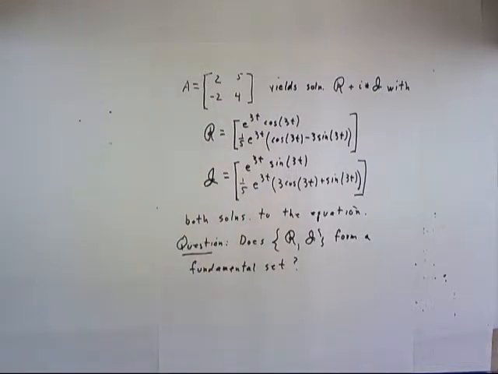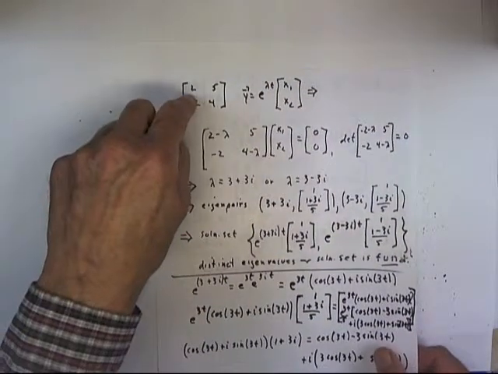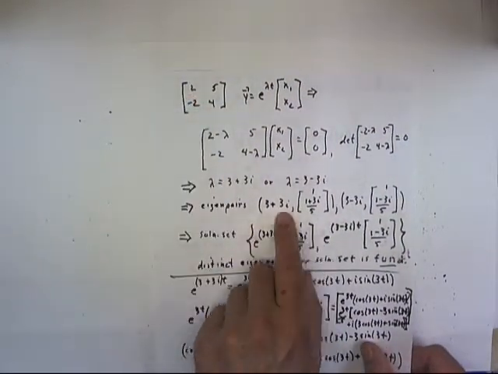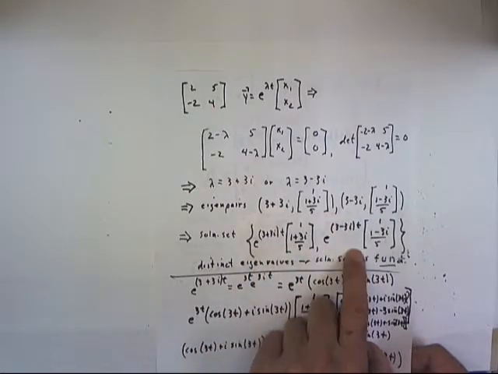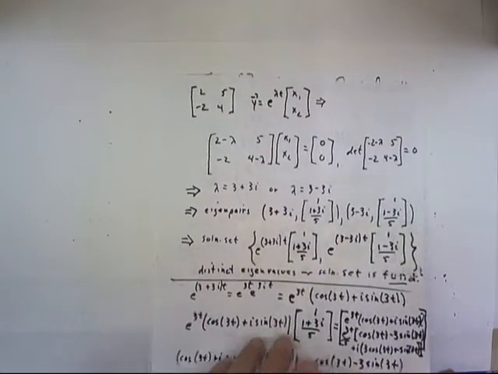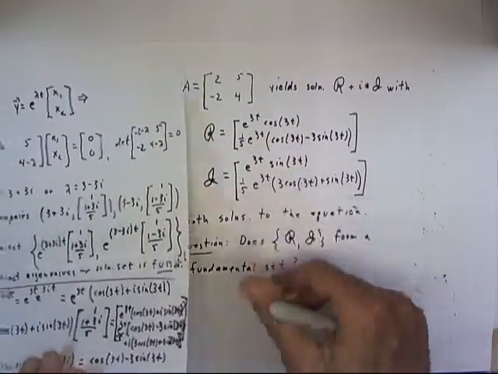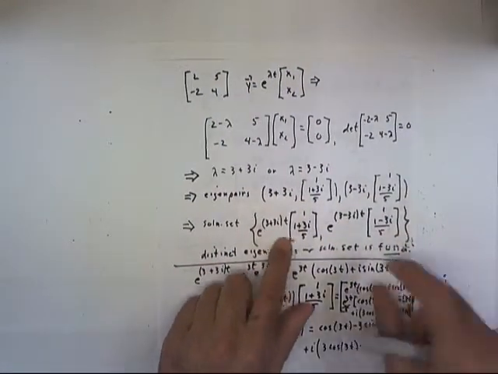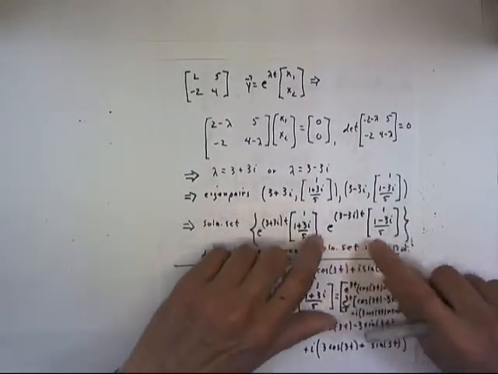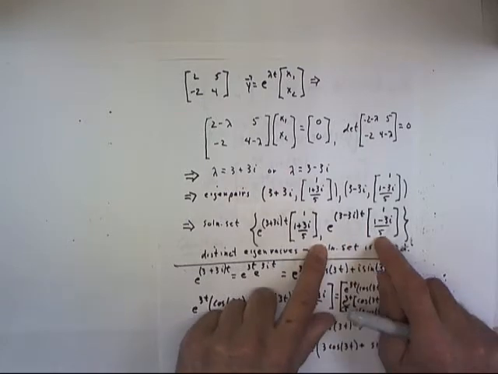Now let's return for a minute to the original solutions of the original equation. Remember that the original equation gave us these eigenpairs, this solution set, and this real and imaginary part came from just this first solution function. We haven't even worked out the second function.